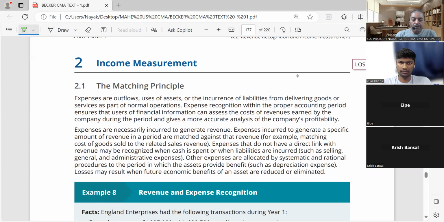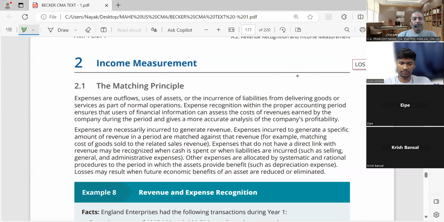Expenses are outflows of cash, use of assets, or the incurrence of liabilities from delivering goods or services as part of normal operations. Expense recognition within the proper accounting period ensures that users of financial information can assess the cost of revenue earned by the company during the period and gives a more accurate analysis of the company's profitability.